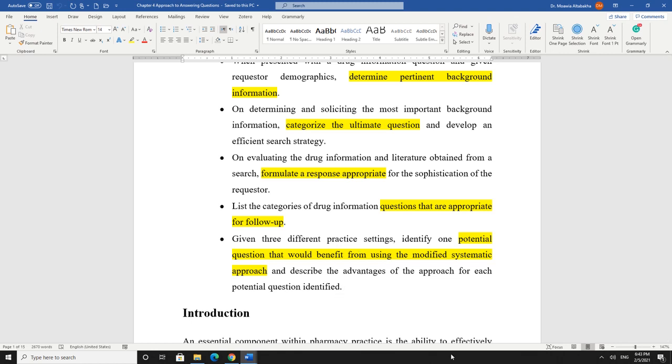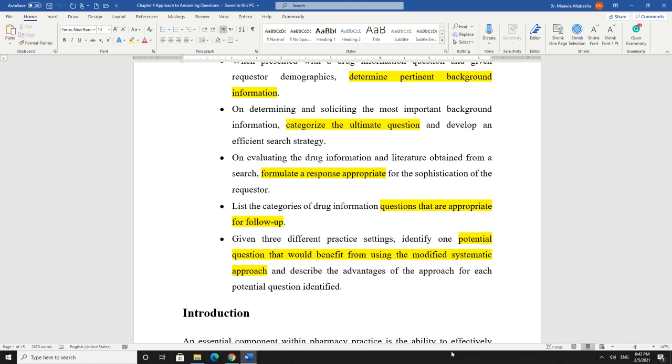Also, according to the practice setting, what do you expect as a potential question that can benefit from the modified systematic approach to answer the question? So you will see that today we will talk about two approaches.